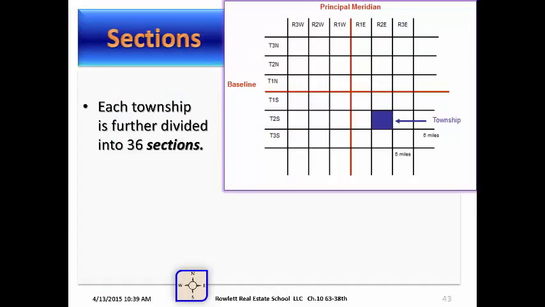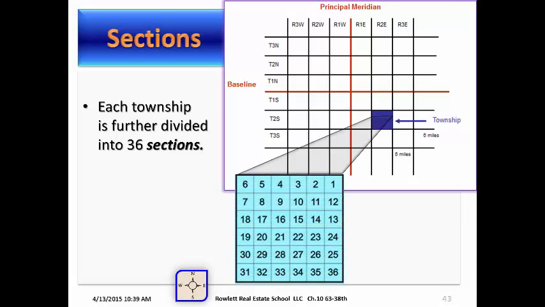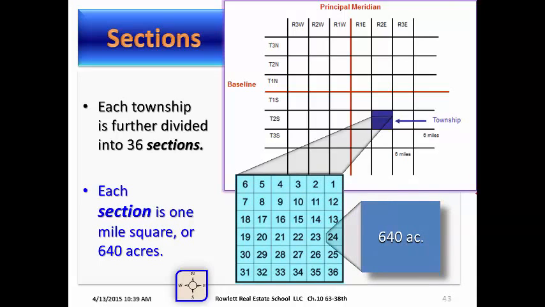Sections. Each township is further divided into 36 sections. Each section is 1 square mile, or 640 acres.